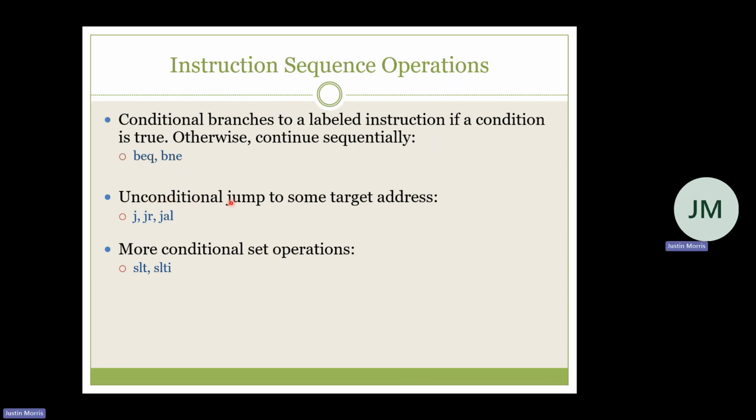And you can also do unconditional jumps to target address with jump register, which is jumping to the memory address stored in a register, and then jump and link, which is similar to jump register, but it has an extra step to it. And we'll talk about those extra steps when we talk about procedures. And more conditional set operations. So set on less than, we talked about this a little bit already, and set on less than immediate.